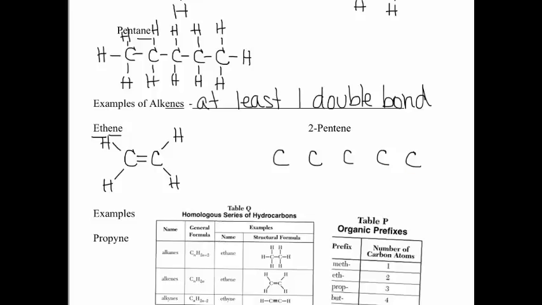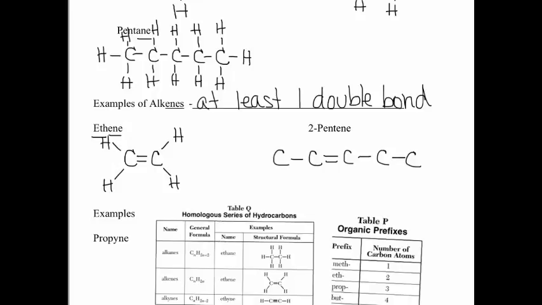Unless I counted from the other end, then this would be carbon 1, 2, 3, 4, and 5. And we'll talk a little more about how you know which end to count from. But since I'm drawing this time, I'm going to start from the left, and my second carbon is this one, so I'm going to put that bond between the second and the third carbon. The rest of them are single bonds, since they didn't tell me about more than 1 double bond.